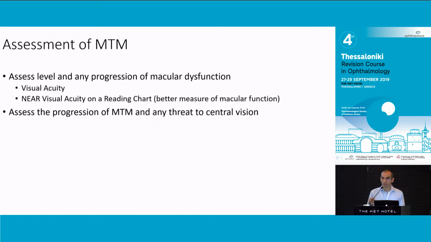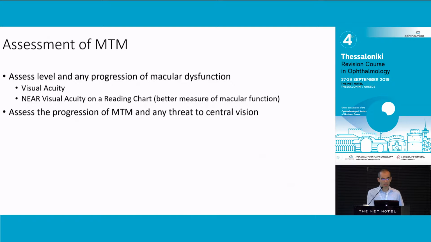When we read, the macula does not just pick up single letters, it needs to pick up words. If the paracentral areas of the fovea are not working very well, the reading speed really declines, and that should correlate with the patient's symptoms.